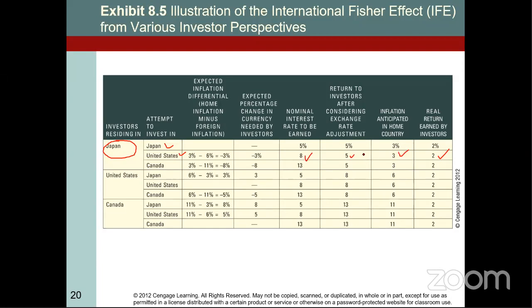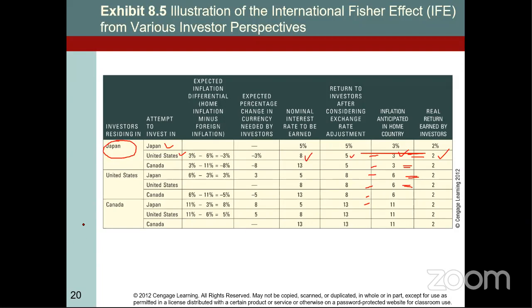You have a return on investment of 5. 5 minus 3, then you will get 2. This is the same, you will get the same. This is minus, minus, minus, and this is the same, equal to, and so on.